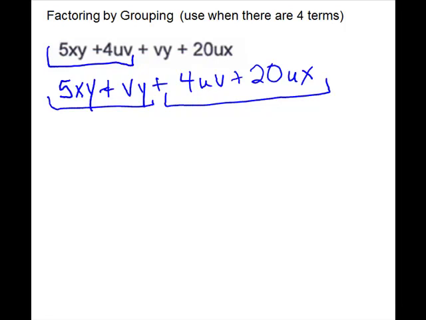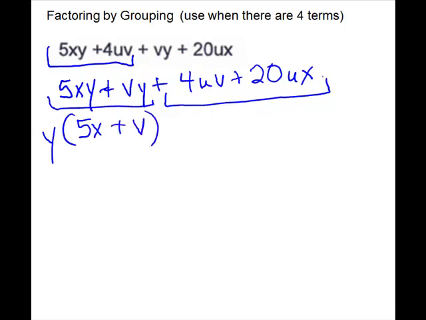Now I'll do a GCF. And the only thing I have common in this first group is a y. So I can take a y. It leaves 5x plus v.